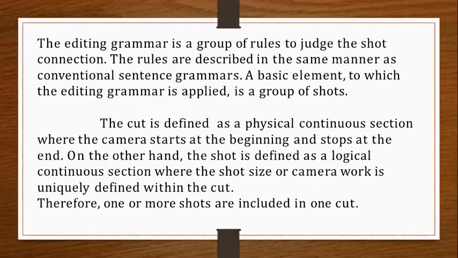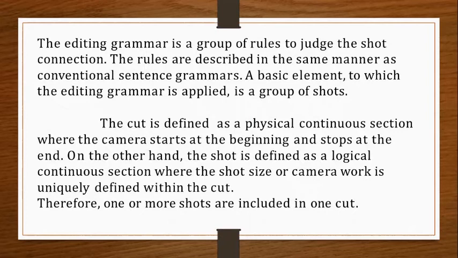Grammar of editing begins with an explanation of the basic rules of visual construction that will allow you to arrange your footage logically. It takes you from the basic vocabulary of editing to knowing when to cut, how to cut, why to cut, to transitions, and finally to good working practices. Basically, the rules are described in the same manner as conventional syntax and grammar. We have some basic elements to edit the grammar in a shot and a group of shots.